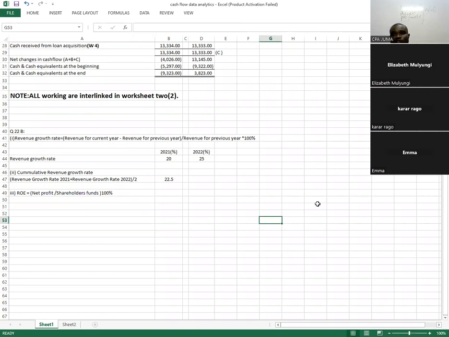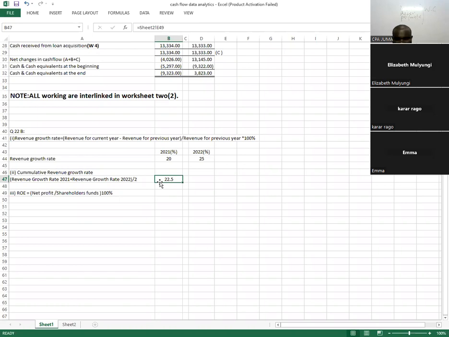So that is the formula there. Then maybe where we need to check well is now part C. Using the 2-year cumulative average revenue growth rates calculated in B Roman 2 above. Where is B Roman 2? This one, the 22.5. Prepare a 1-year forecast of the statement of profit or loss for the year 2023.